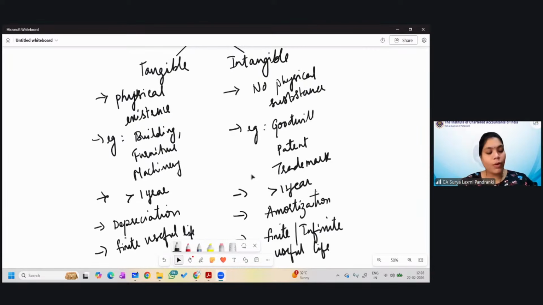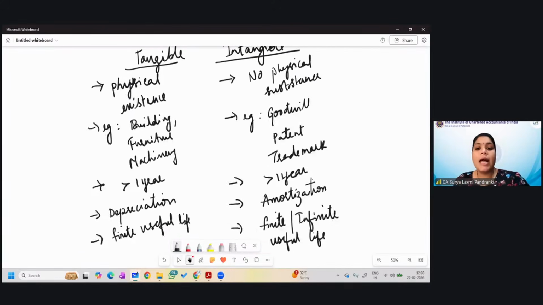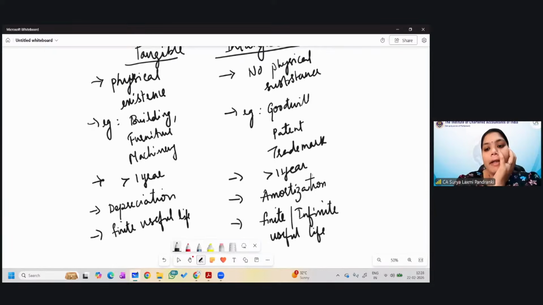And in intangible asset, suppose you have a patent, or a copyright or a trademark you have taken for some 6 years. This is called finite useful life, wherein you can use that patent only for 6 years.